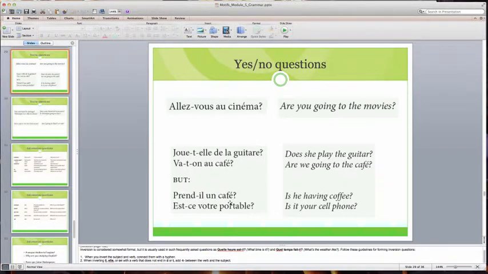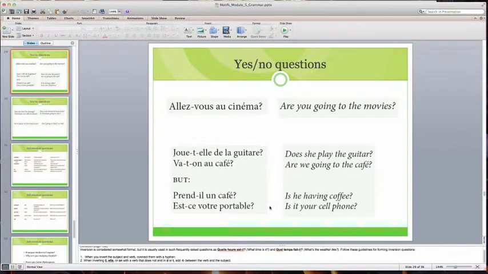Prend-il un café? Is he having coffee? Here's our helping verb, here's our subject. Est-ce votre portable? Is it your cell phone? This is our subject, and here's our verb. And in English we've done the same thing. It is the subject, is the helping verb that we use in English, and we've done an inversion.